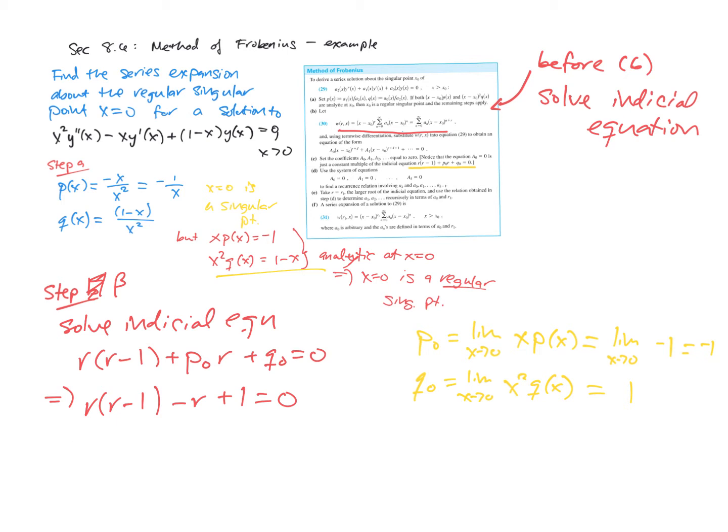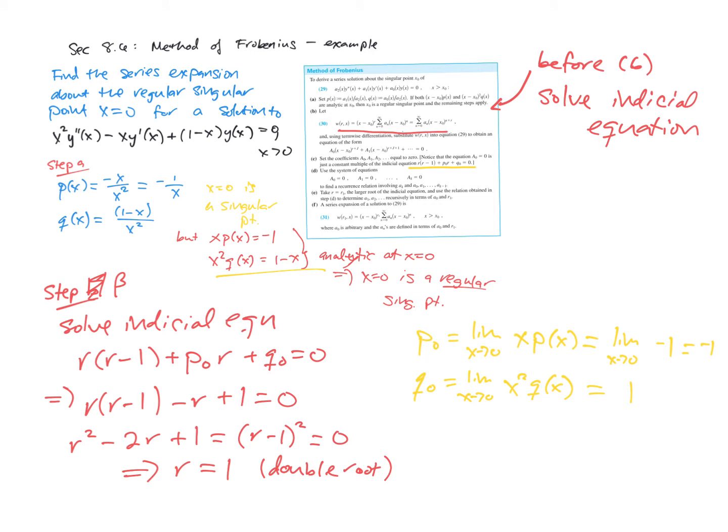And that gives us R squared minus R, so minus 2R plus 1 equals R minus 1 squared equals 0. So our R's, we have a double root at 1. Double root.